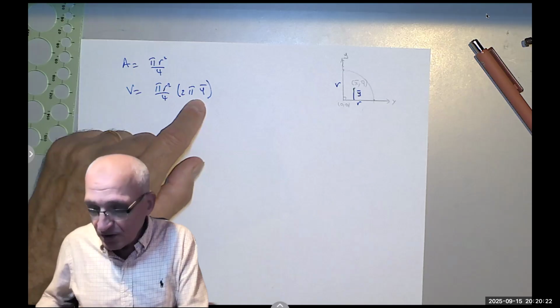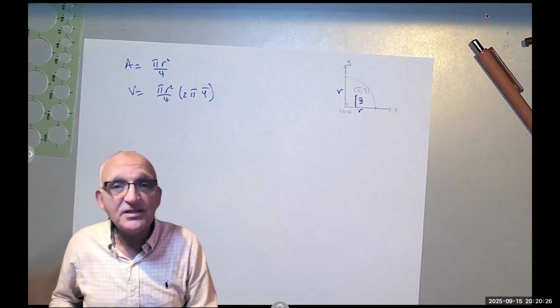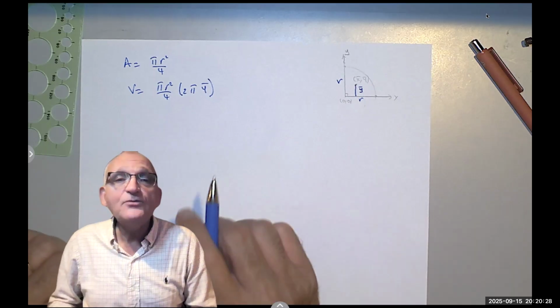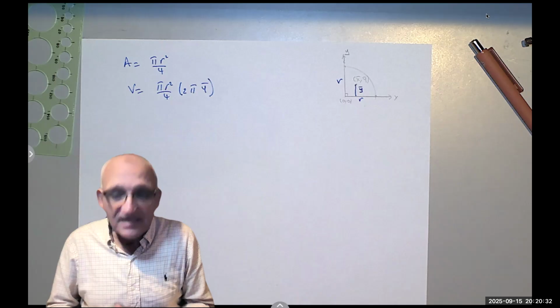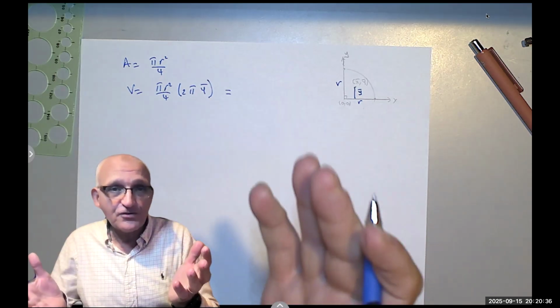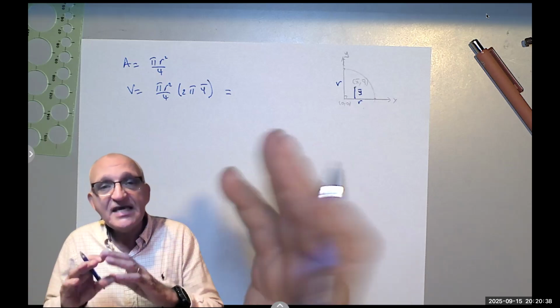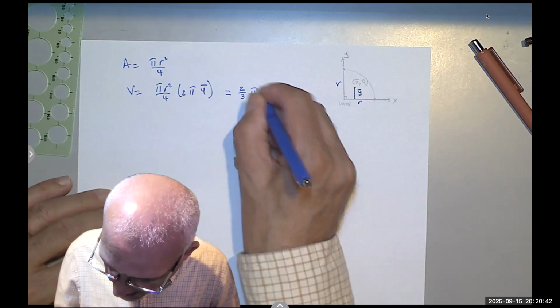But what do I know? I know that if this quadrant rotates one full turn about the x-axis, I will get a solid hemisphere. The volume of a sphere is 4/3 pi r cubed, so the volume of a hemisphere is 2/3 pi r cubed.